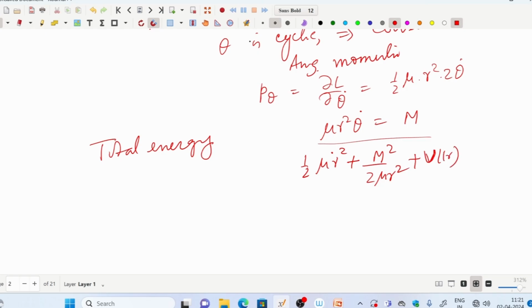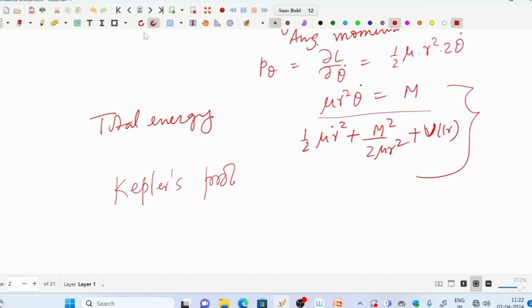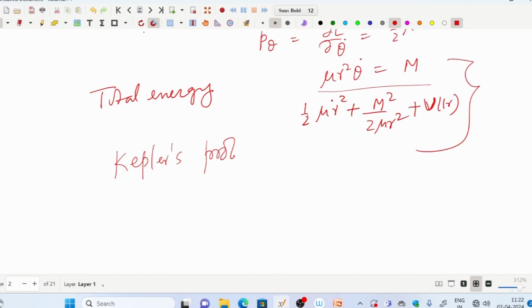These two can be integrated, and from the integration you can find the solution to the problem that we discussed. For Kepler's problem, U of r was minus alpha by r, and for this we performed these integrations and found the solution.